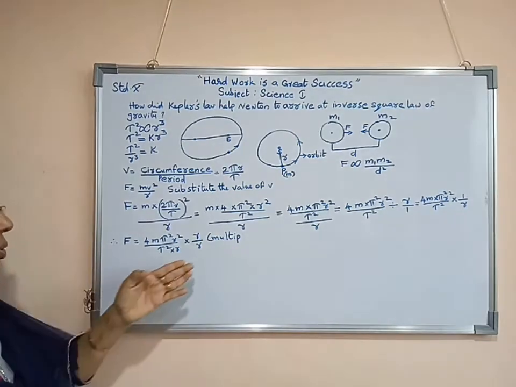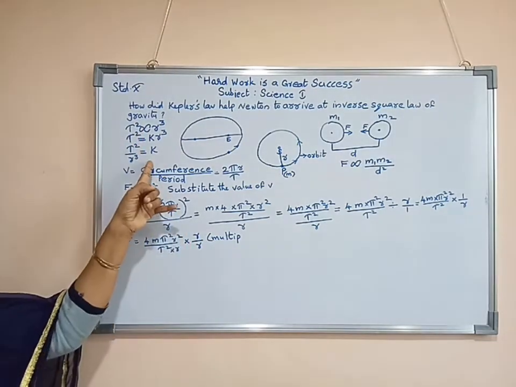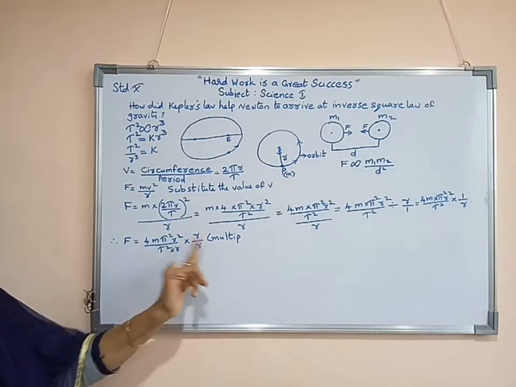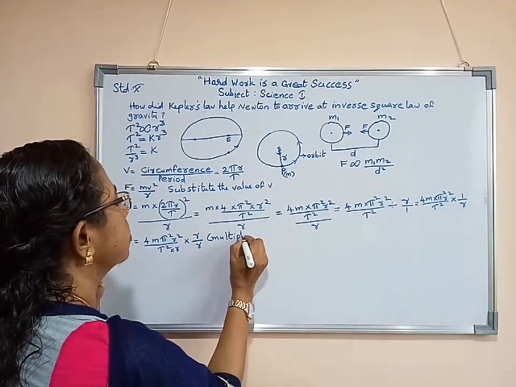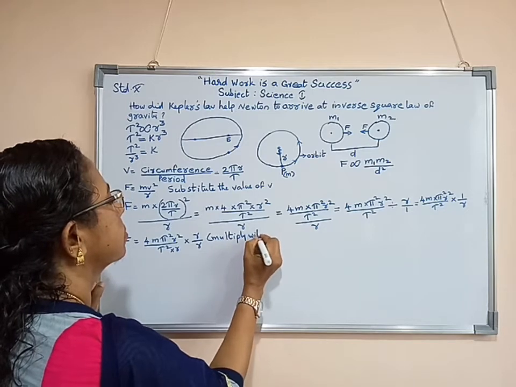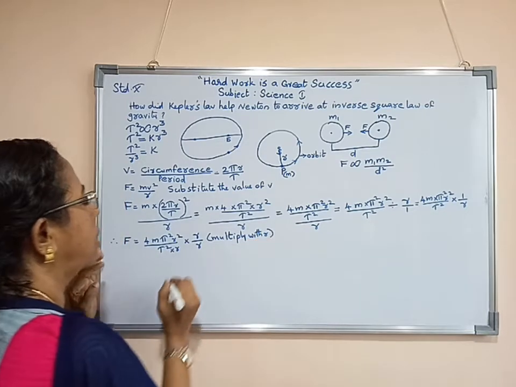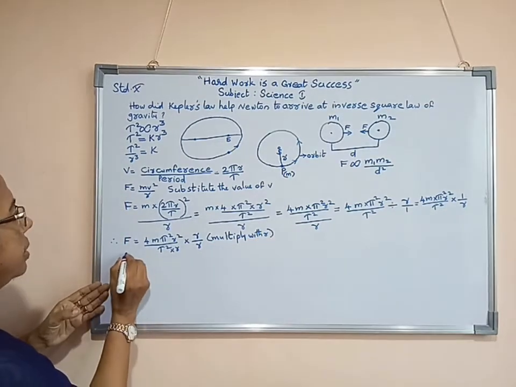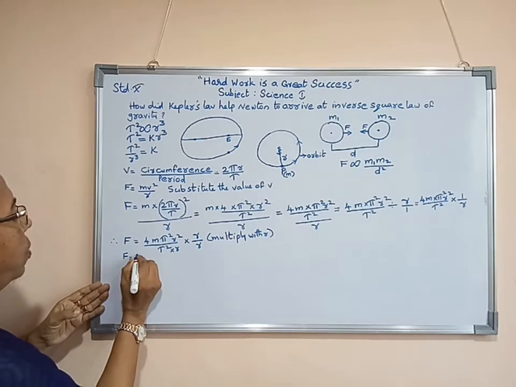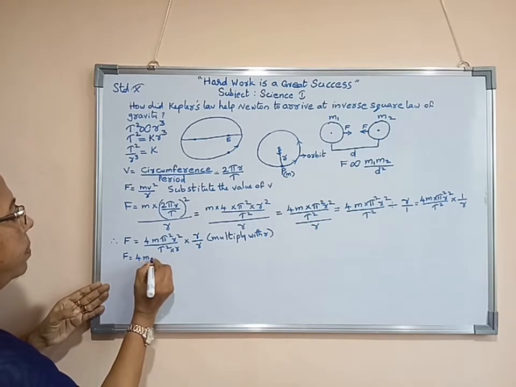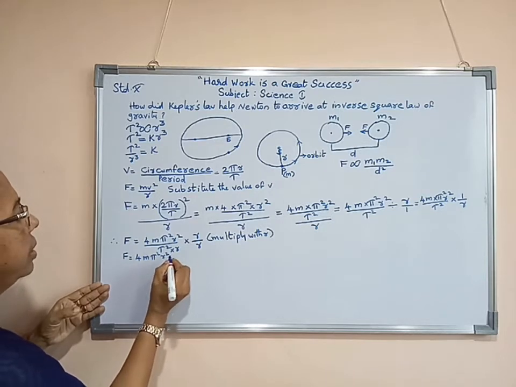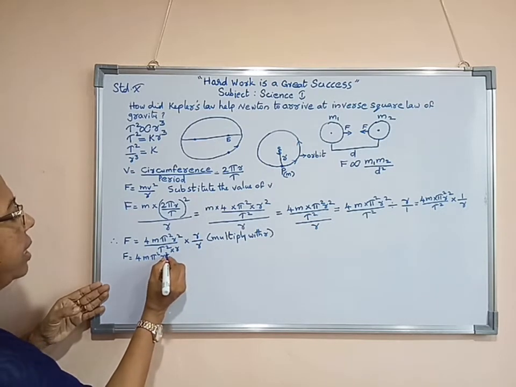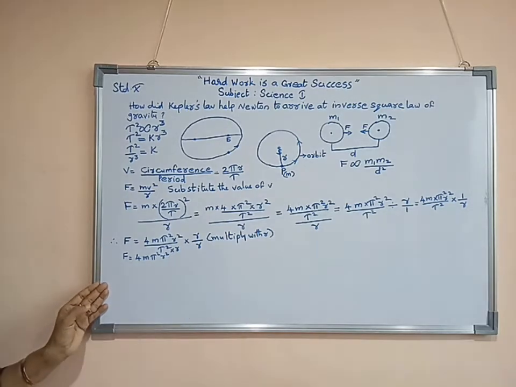Because we have to bring it to Kepler's law. For that only we are multiplying with r at both sides. Now what will be our answer? F is equal to 4m pi square r square, and into r, so I am writing here r cube.